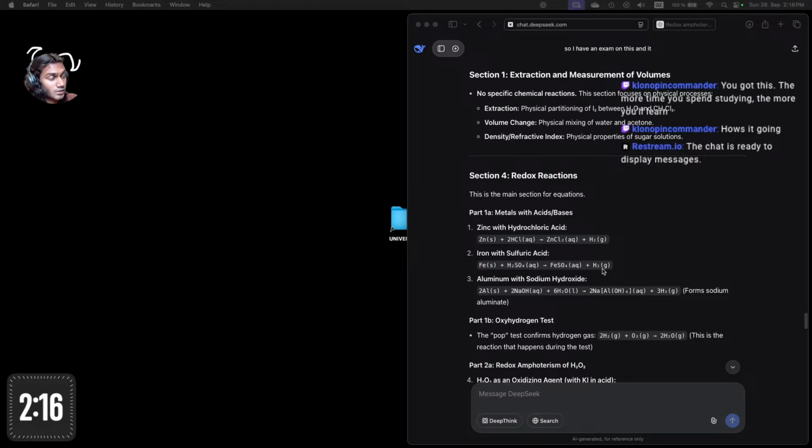Iron with sulfuric acid. Fe plus H2SO4 gives FeSO4 aqueous plus H2 gas, okay.